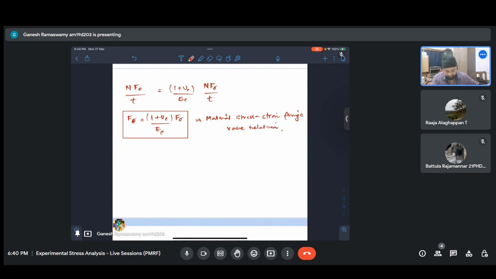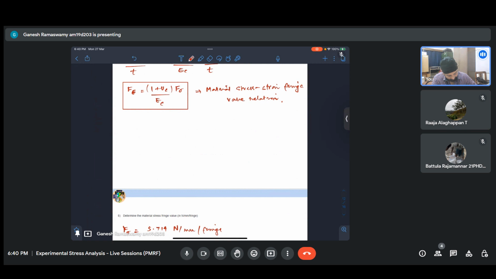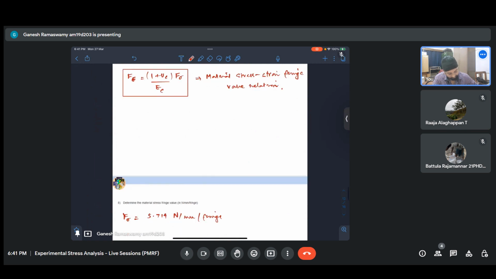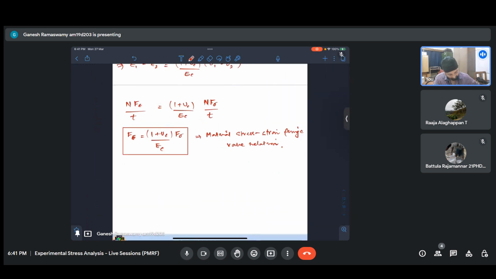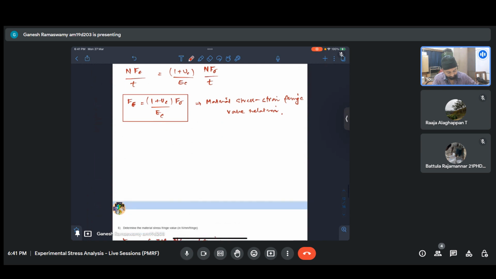Now for our problem, we know that F sigma is 5.714. So F epsilon is nothing but 1 plus mu C by EC into 20 by 3.5, which is 5.714.